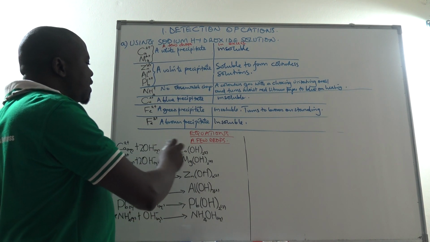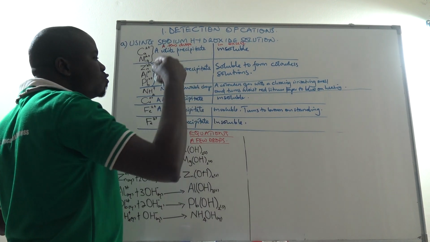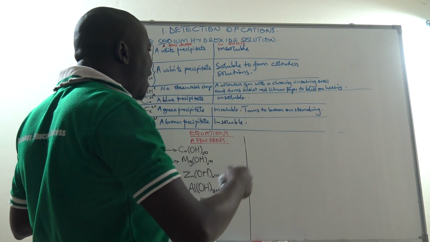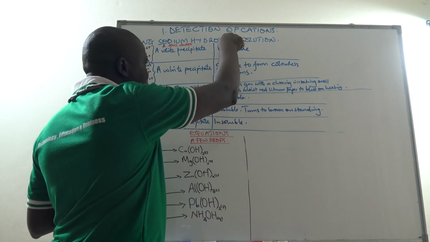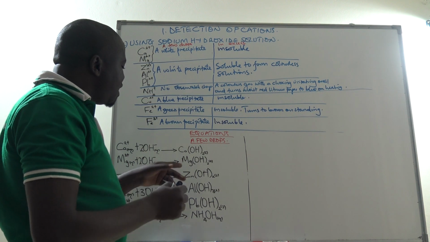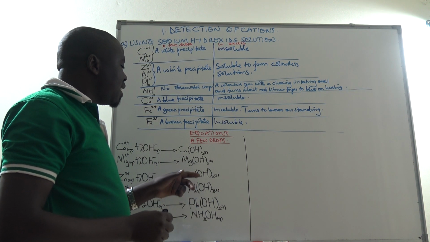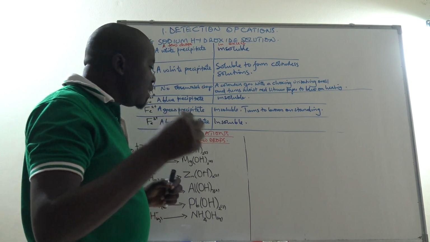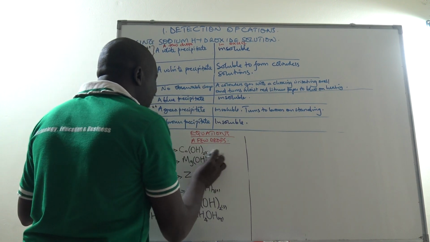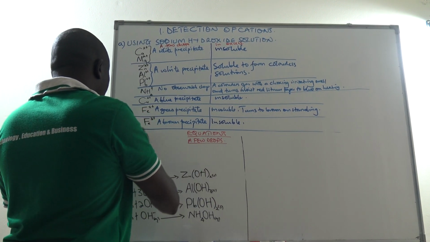So for some of these cations that form precipitates that do not give us any other observable change in excess, we are firstly going to put them aside, and then we see the reactions the other ones undergo, the ones that give us other observations when we have added excess sodium hydroxide solution.